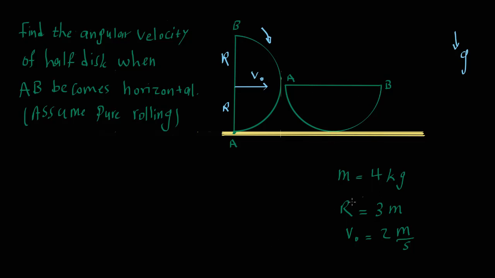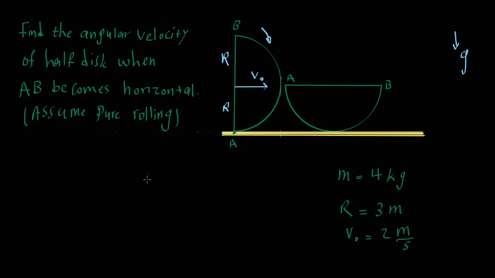The mass of the disk is 4 kg, the radius of the disk is 3 meters, and the initial velocity is 2 meters per second. Here, because we have pure rolling, the force of friction doesn't do any work, because the friction in pure rolling is a static friction.